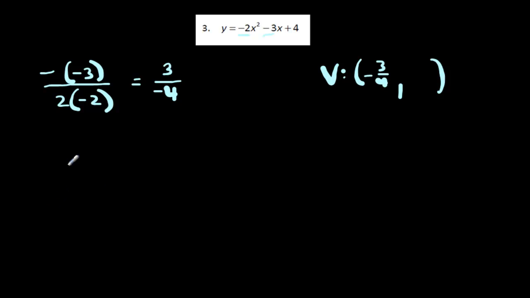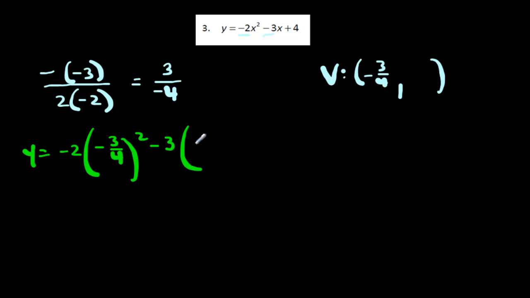To get your y-coordinate, you have to input negative 3/4 for x. You have to substitute. So y equals negative 2. Whenever you substitute, use parentheses. Negative 3/4 squared minus 3 times negative 3/4 plus 4.